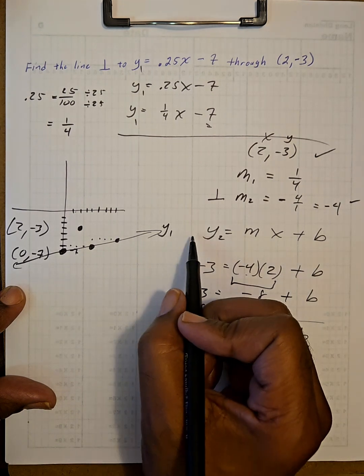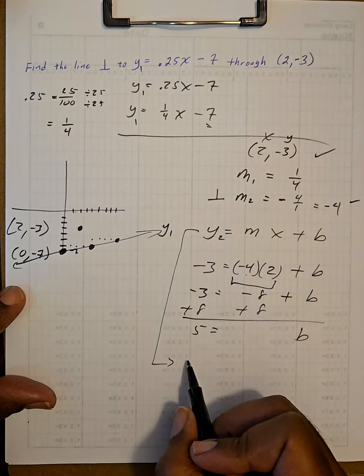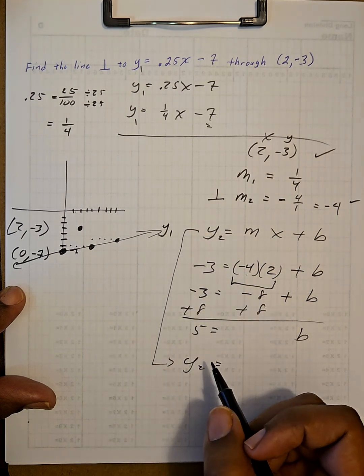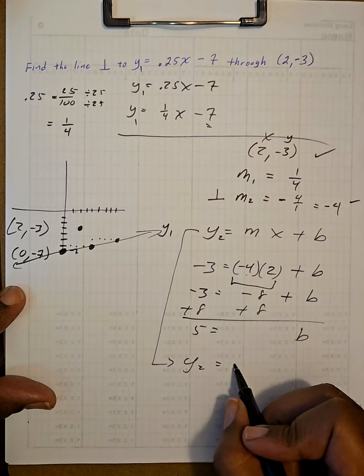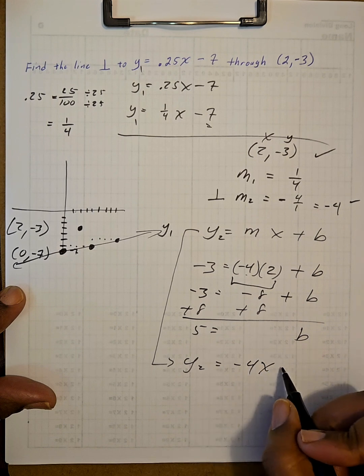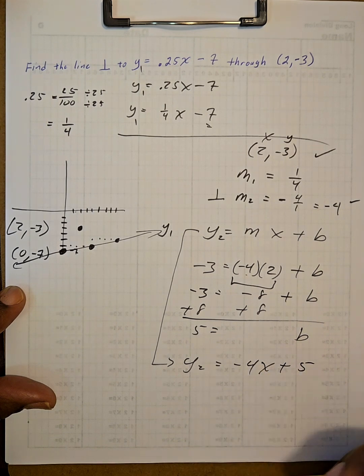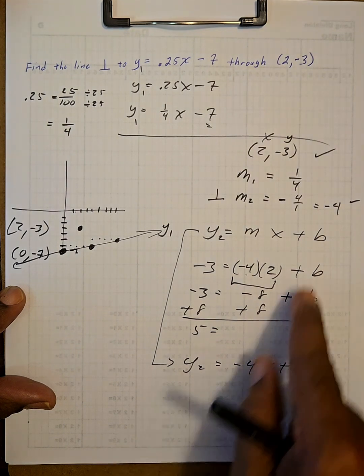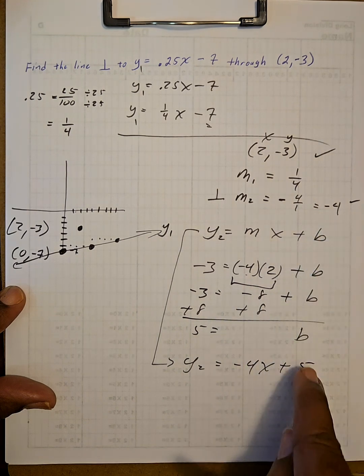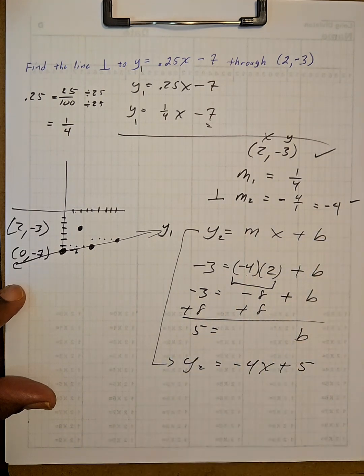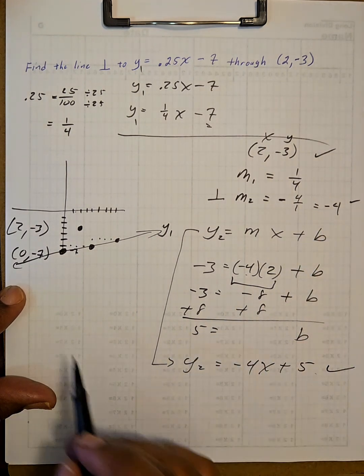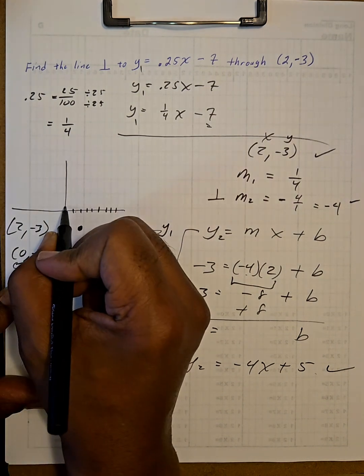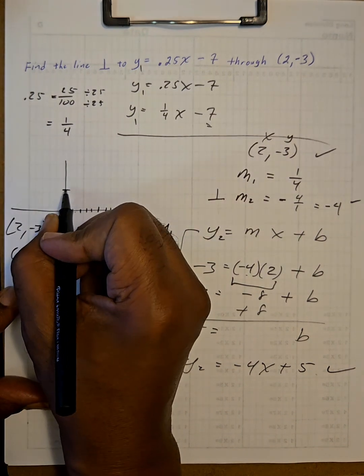So now we'll say our equation number 2 is going to be y equals negative 4x plus 5, where the negative 4 comes from the second slope and the 5 comes from the b here. And that's the new equation. Just to show you where that is, let's see, 1, 2, 3, 4, 5.